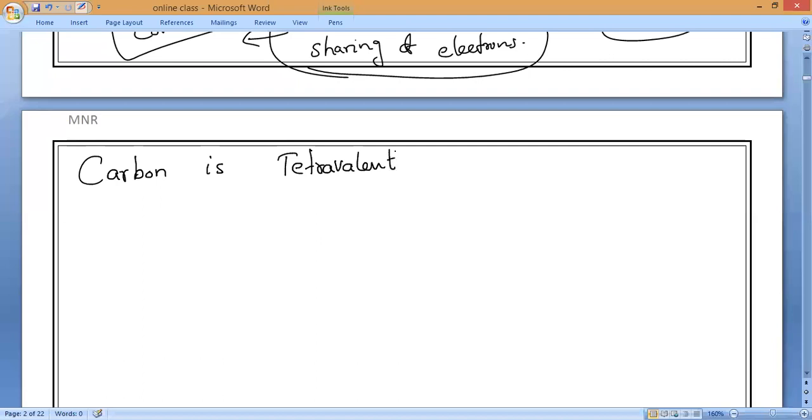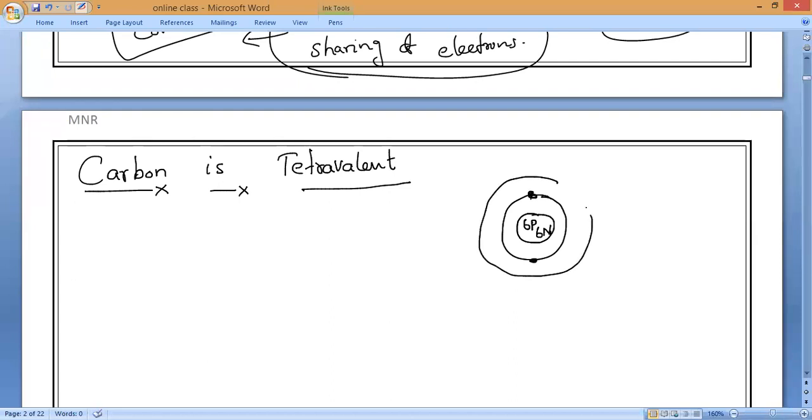Understanding? It means it has how many electrons in its valence shell? It has 4 electrons in the outermost shell. Take the nucleus: 6 protons and 6 neutrons will be there. The first shell has 2 electrons, and the next shell has how many electrons? 4 electrons. Understand, everybody?